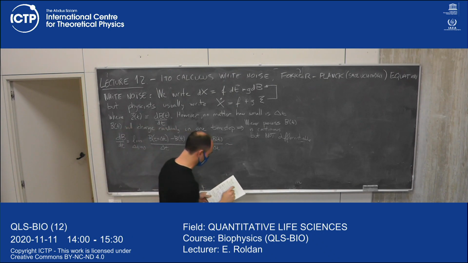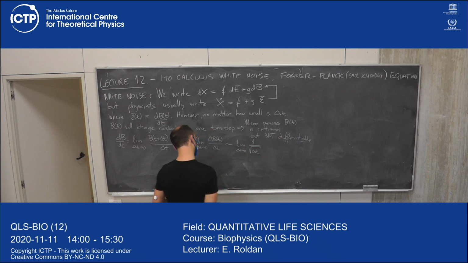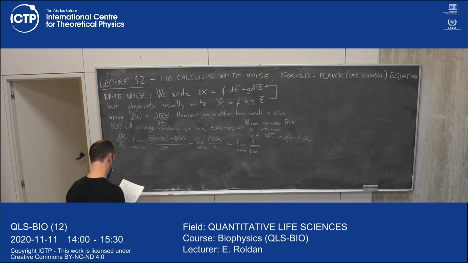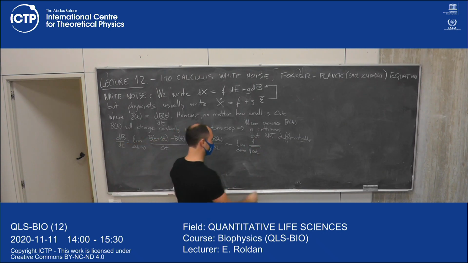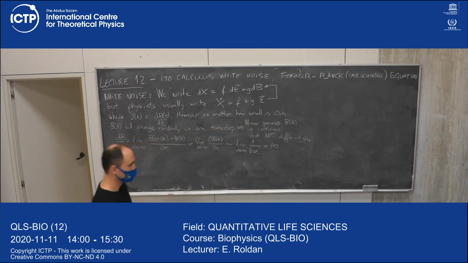So this goes like the limit when delta t goes to 0 of 1 divided by square root delta t. And when delta t goes to 0, this goes to infinity. So this is very pathological, I would say.